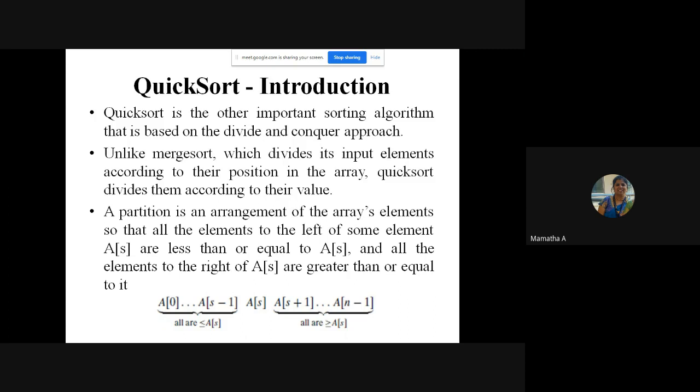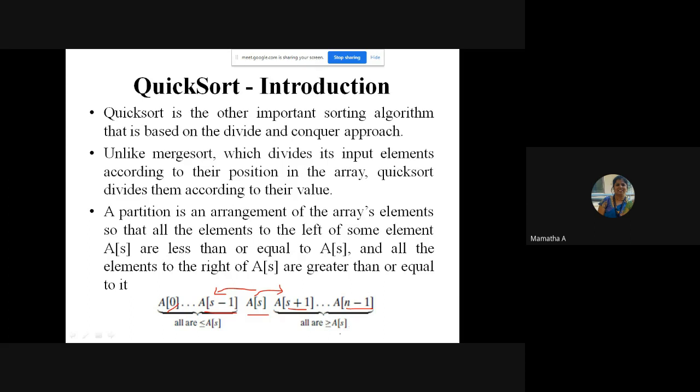You can observe in the diagram that I have not specified any pivot element and other things. Some element A of s, wherein all the elements towards the left, with indices ranging from 0 to s minus 1, and all the elements towards the right, with indices ranging from s plus 1 to n minus 1, are less than or equal to A of s and greater than or equal to A of s respectively.